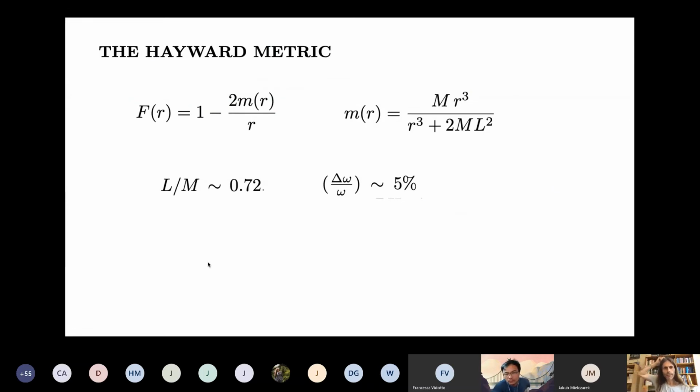We have also applied the same line of thought to the Hayward metric, which is quite interesting because it is once again a toy model for quantum gravity, which takes into account rigorously the possible time dilatation between the center of the black hole and infinity, and which reproduces a one-loop correction, at least in some approaches. And we end up with the result that the quasi-normal modes displacement could be measured by the next generation of experiment.